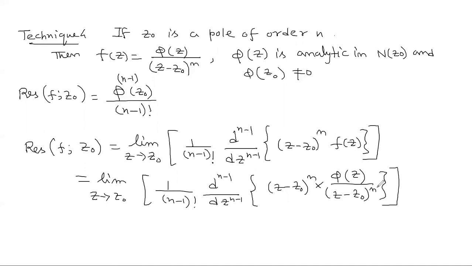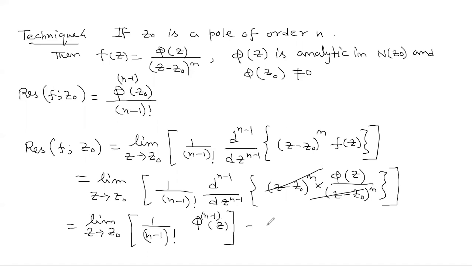So here we get 1 by (n - 1) factorial into the (n-1)th order derivative of phi(z), that is phi^(n-1)(z). Now this is a constant, so it is 1 by (n - 1) factorial into phi^(n-1) evaluated at z0.